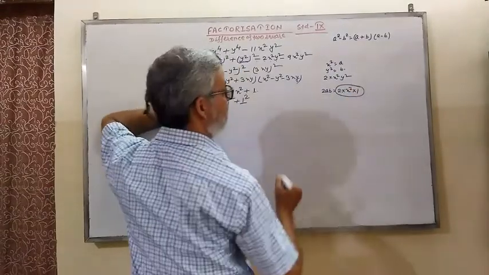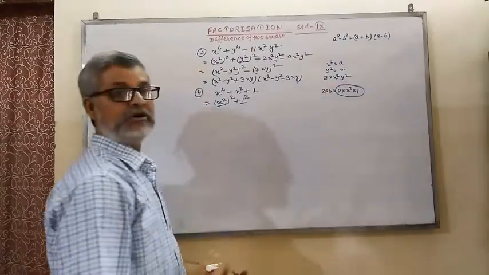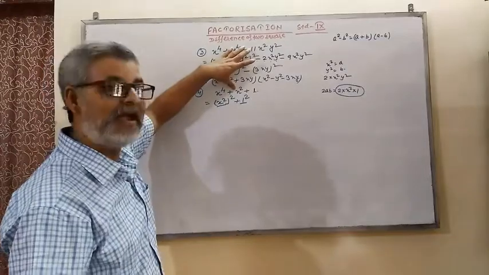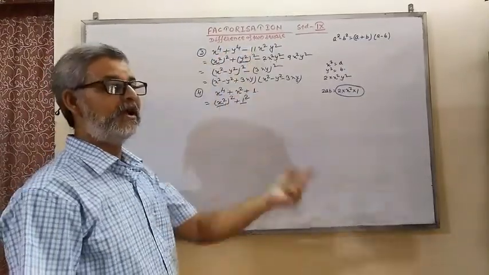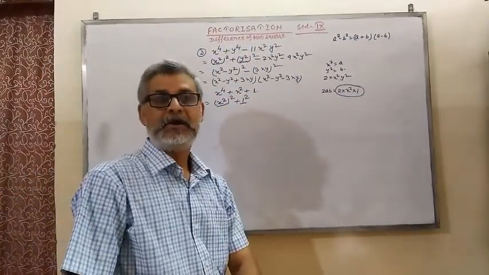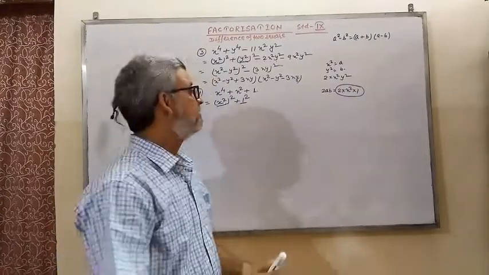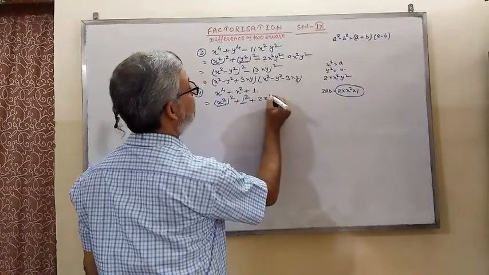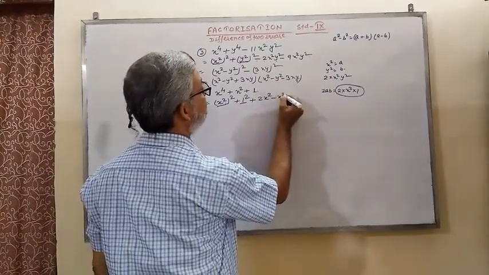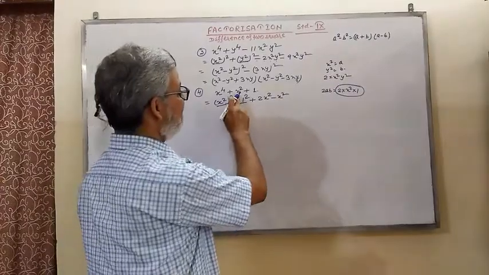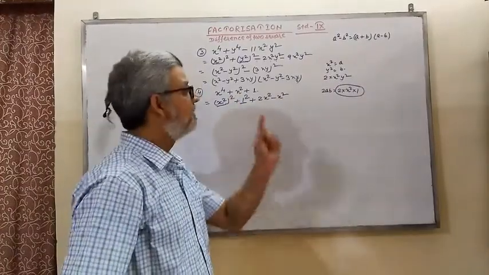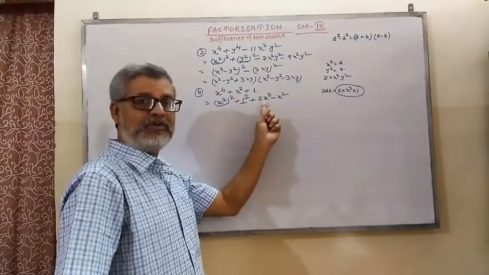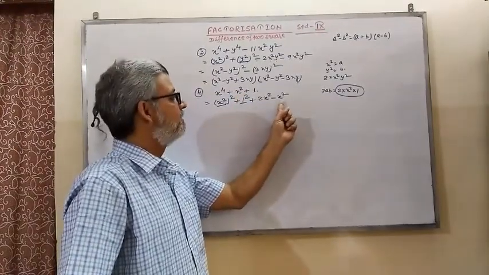So how much do we require? 2x square. We require 2x square, but here it is given only x square. It means x square we borrowed and again returned it. So this x square can be written as 2x square minus x square. It means in this x square we add it and subtract it. When we add in this x square, we get 2x square and then again subtract x square.